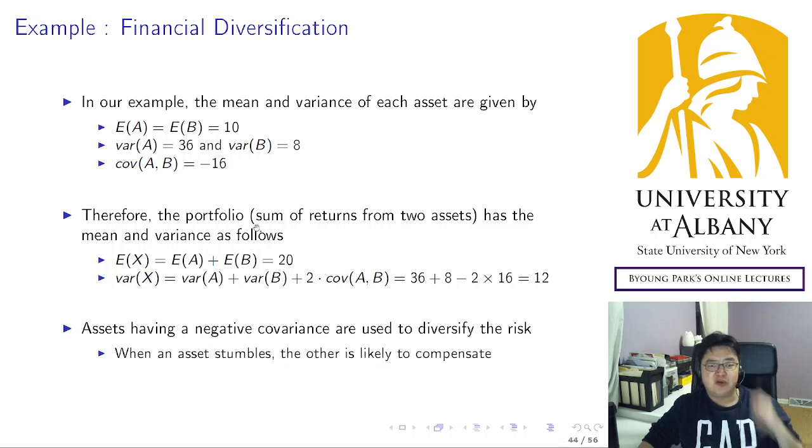Then the portfolio mean is simple, the sum of two expected values. But the variance part is more complicated. So the variance of the new portfolio is variance of A, which is 36, variance of B, which is 8, and 2 times covariance, which is minus 16. So you get 12 as a result.